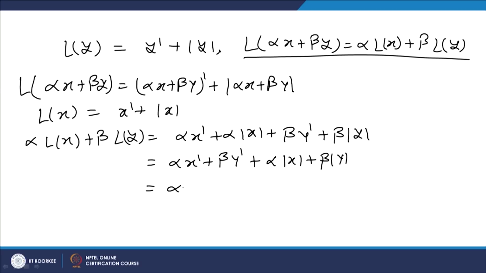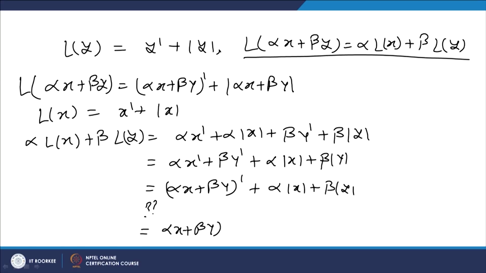So, this I can write as the derivative of alpha x plus beta y plus alpha times mod of x plus beta times mod of y, and we need to show whether it is equal to alpha x plus beta y dash plus modulus of alpha x plus beta y.